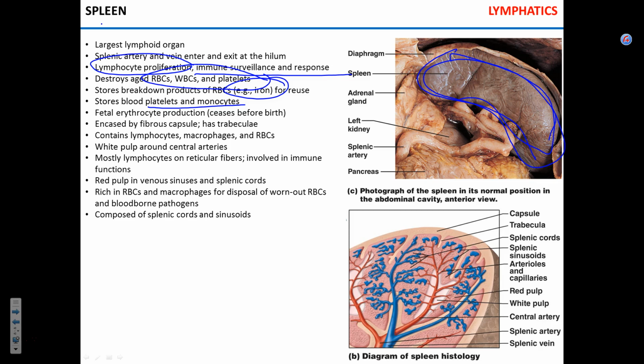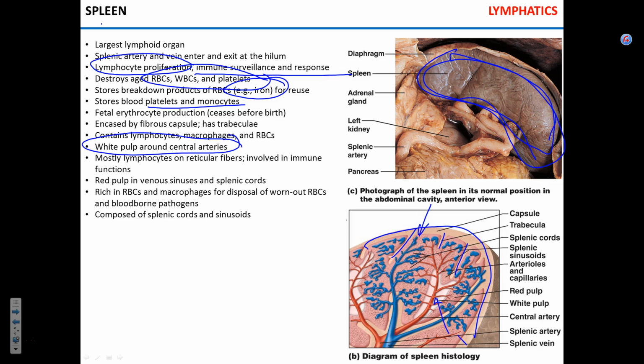Now, any anatomical features? Yes. So, just as the lymph node, there's a capsule. There are trabeculae that break the spleen down into several compartments. There are two types of pulp: red pulp and white pulp. Okay, the white pulp is around the arteries, mostly lymphocytes.